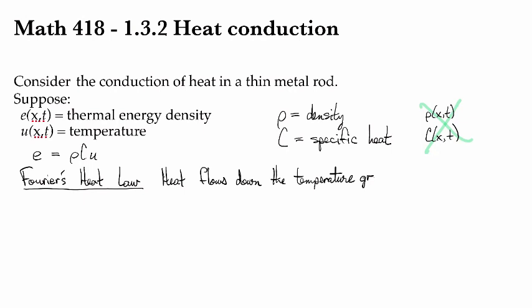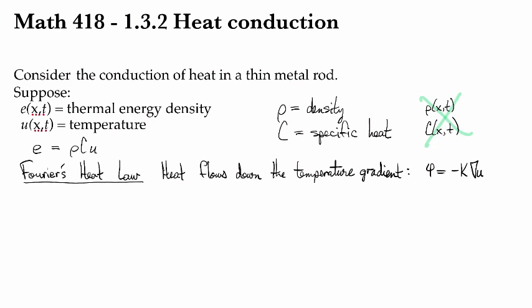And so this is something that we all know from personal experience. Heat moves from hot areas to colder areas. This is an expression of the second law of thermodynamics. So more precisely, the flux is proportional to the opposite of the temperature gradient.